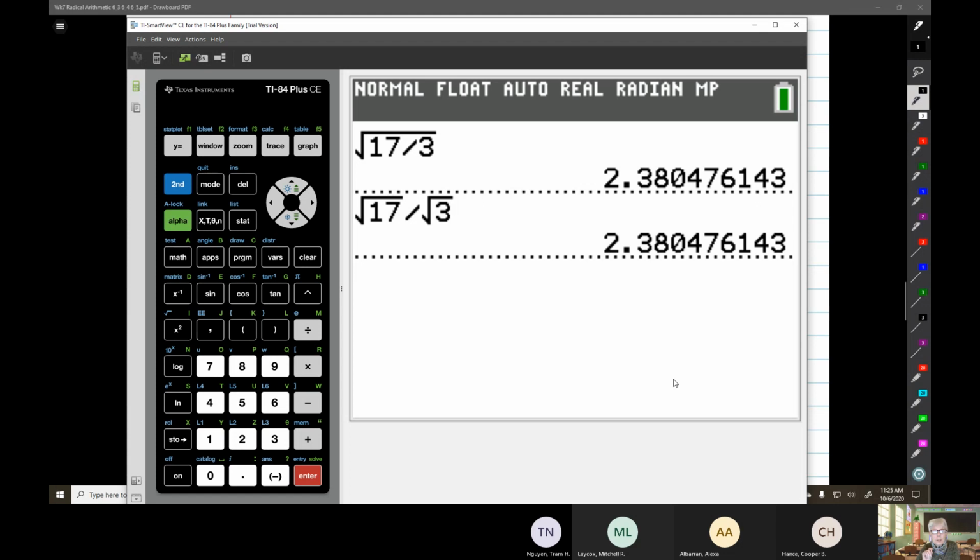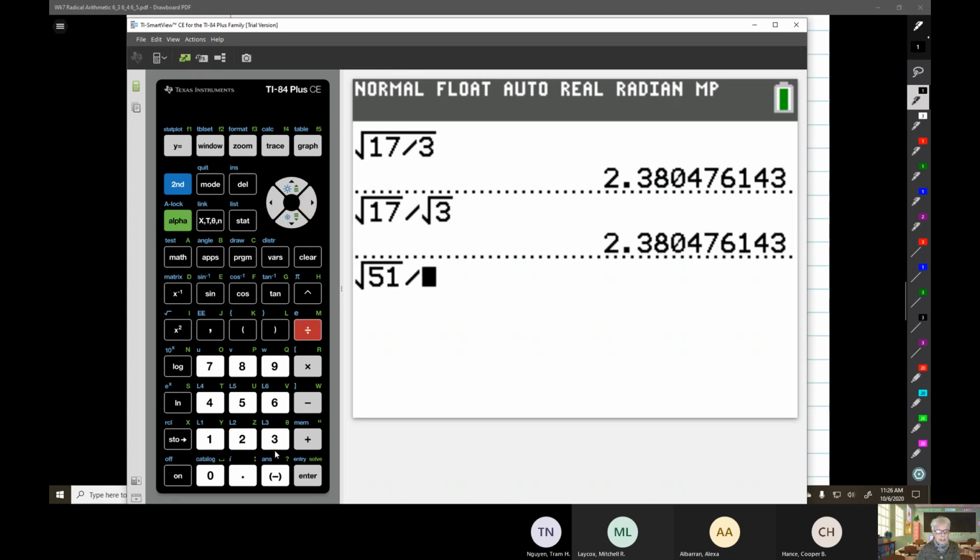Now I'm going to divide the square root of 51 by 3. Right, okay. Now I have to move to the outside. Look what would happen if I just said divide by 3. I mean, that would be all wrong. So I can't say that. Delete. I'm going to hit the right arrow key and move to the outside of the radical.